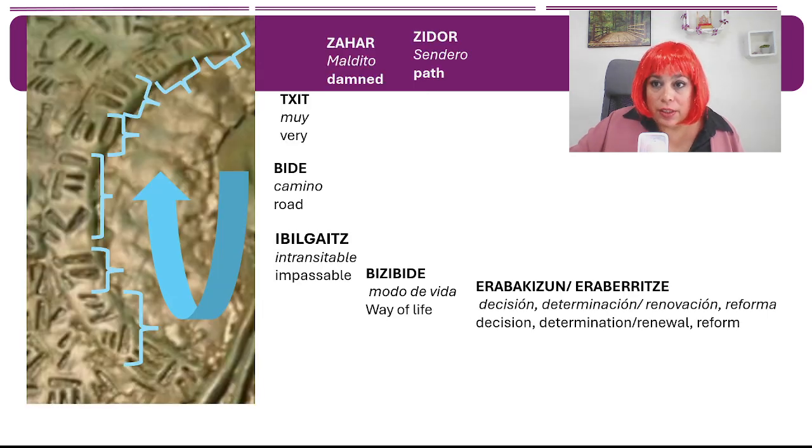The circle starts from the bottom to the top, from the left to the right. And it's written like renewal, reform, way of life, impassable, road, buried paths. Very, very damned paths.